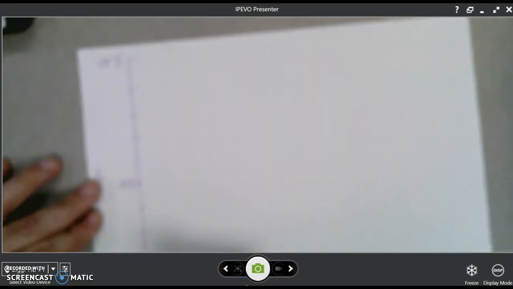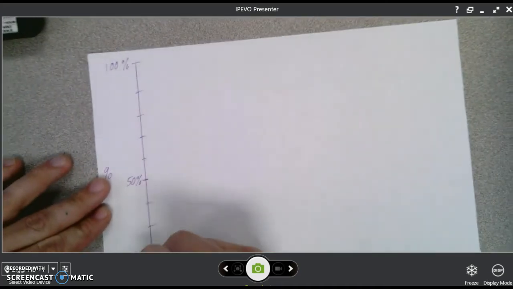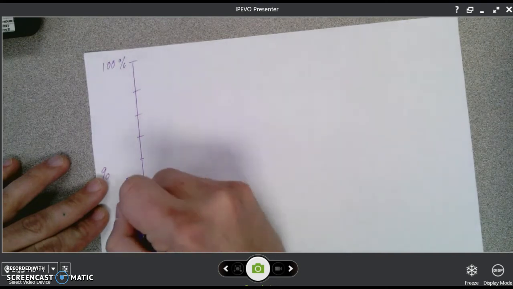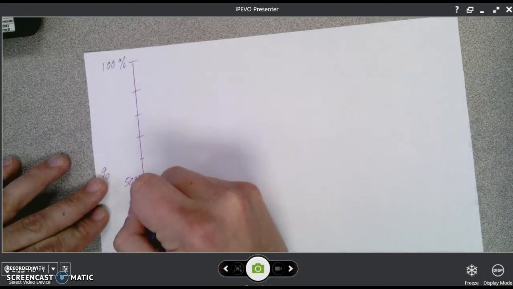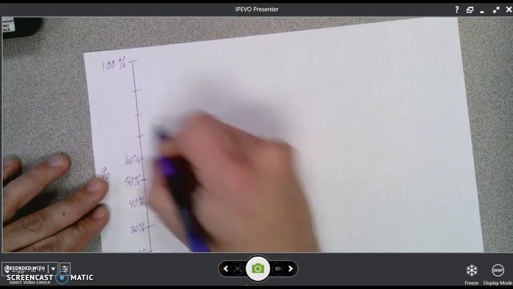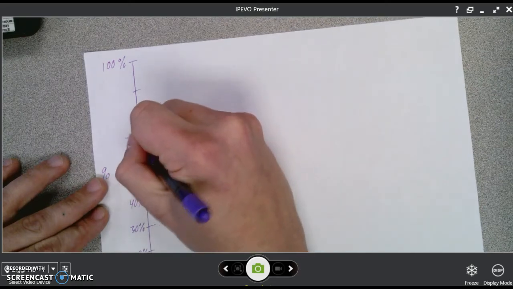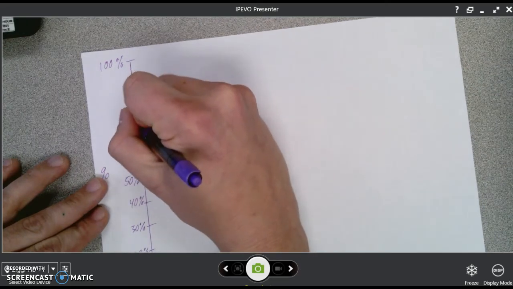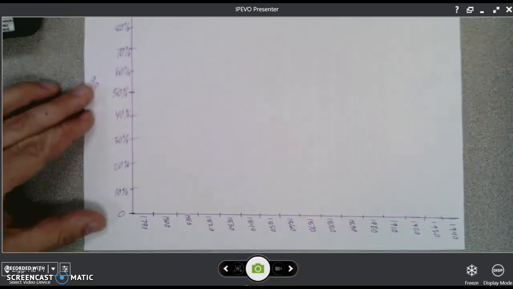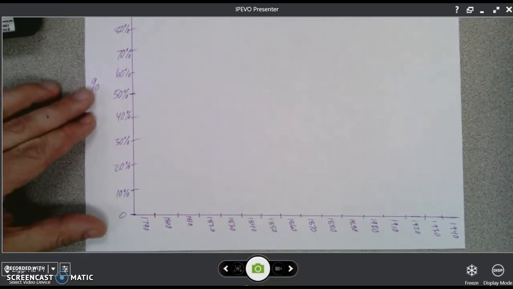So then I'll label these 10%, 20%, 30%, 40, 50, 60, go to 70, 80, and 90. Alright, so most of my graph is set up now.